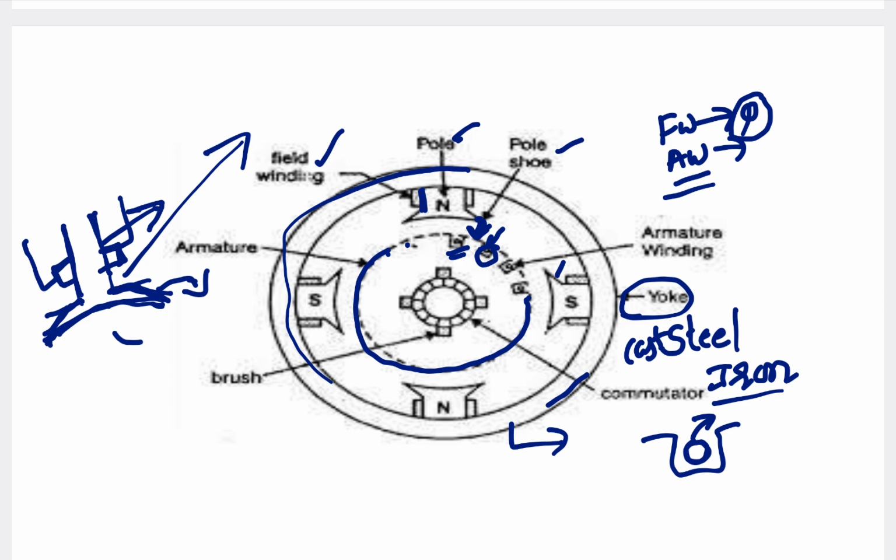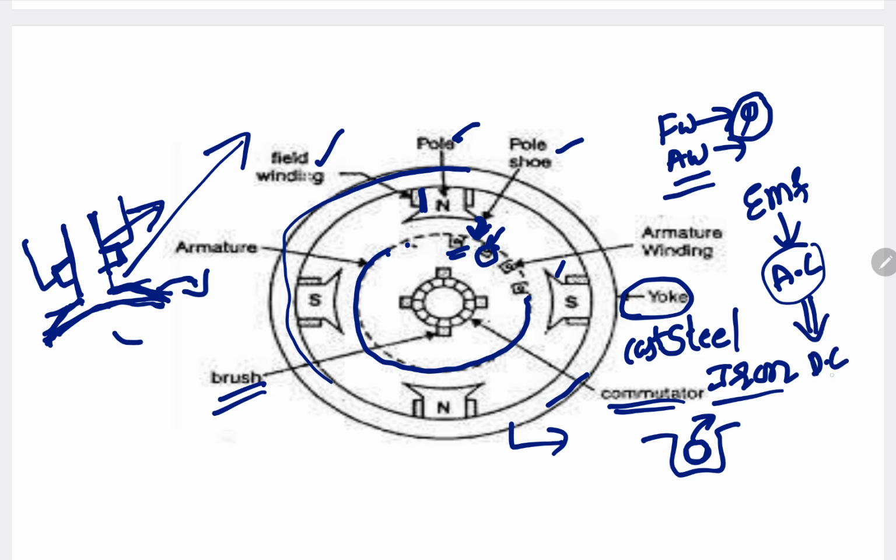So then we use one important thing called the commutator, and one more thing called brushes. Whatever EMF is induced in the rotating armature conductor, that EMF is not DC, that EMF is nothing but AC. And this AC EMF is converted into DC with the help of the commutator. The purpose of the commutator is to convert alternating EMF in the armature conductor into DC, and that DC is given to the brushes.